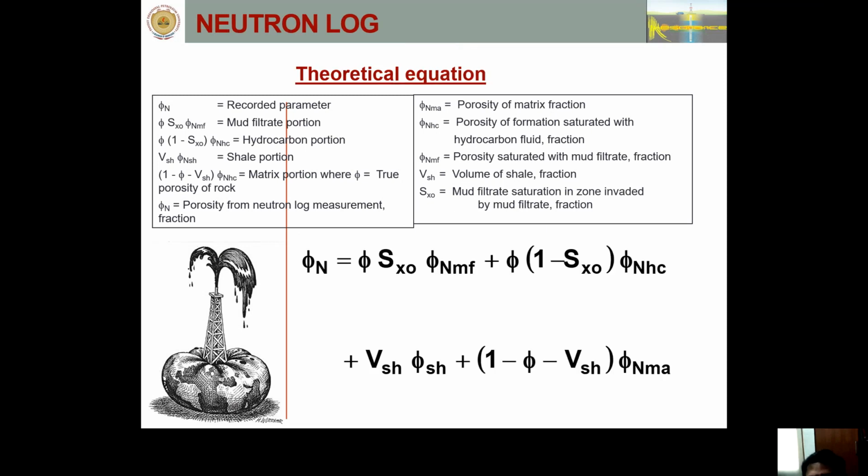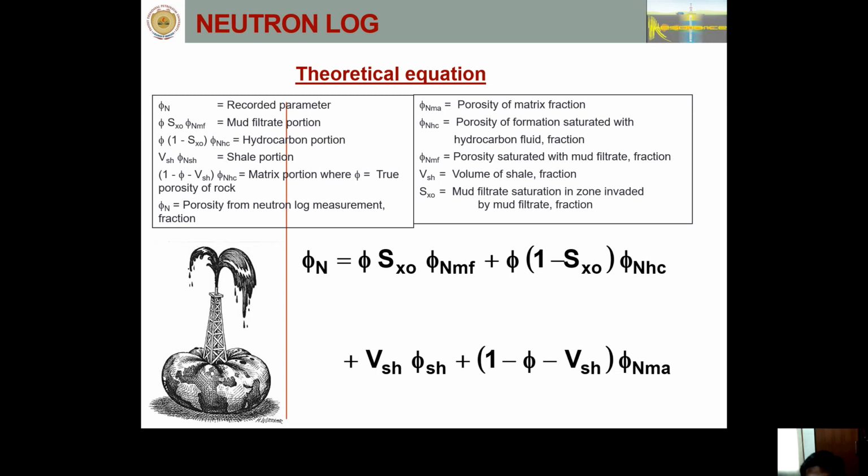The theoretical explanation of the equation is given as phi n, which is the recorded parameter, is equal to phi Xo into phi nmf, which is the mud filtrate portion, plus phi (1 minus Xo) into phi nhc, where hc is hydrocarbon, plus V shale into phi shale, which is the shale portion, and (1 minus phi minus V shale) into phi nma, the matrix portion, where phi is the true porosity of rock.